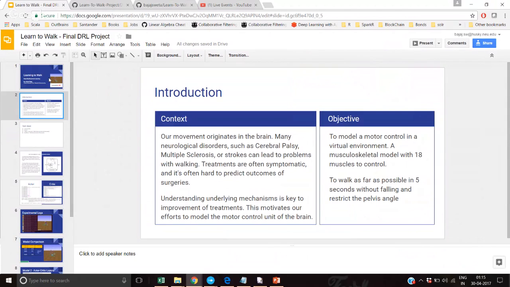These 18 muscles would show which ones are active or inactive while moving. The main goal is to make this bot walk in a possible way for every 5 seconds, and you should restrict falling, or restrict the pelvis angle that is present in the program.